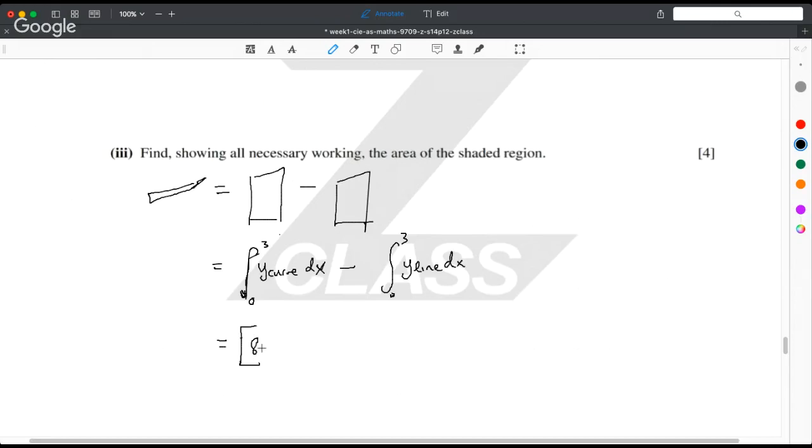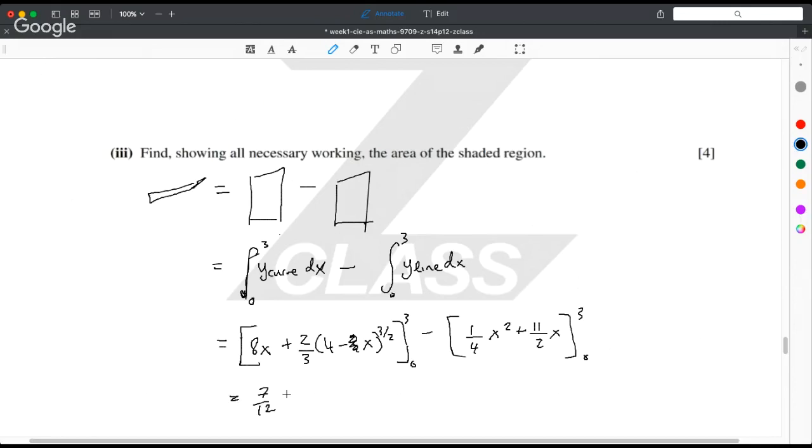That's equal to 8x plus 2/3 4 minus x to the 3/2 evaluated between 0 and 3, minus, and then if we integrate that equation for y that we just found, we get 1/4 x squared plus 11/2 x evaluated between 0 and 3. And if you plug all this into your calculator, you will get that this is equal to 7 over 12.